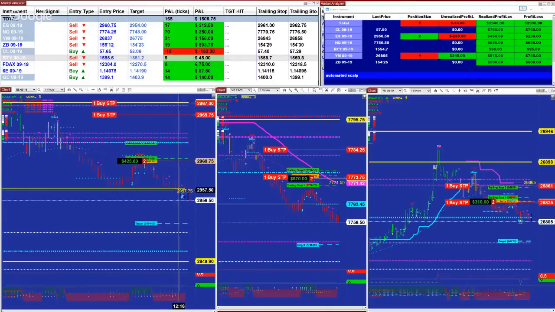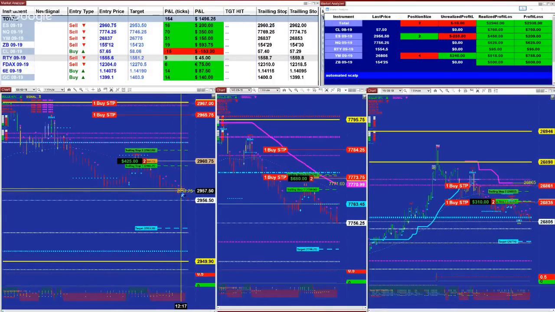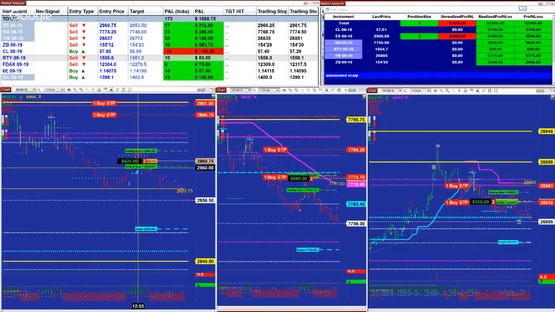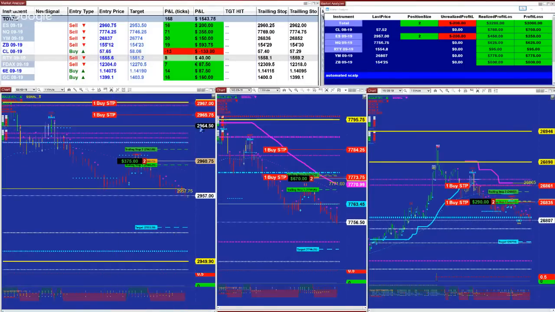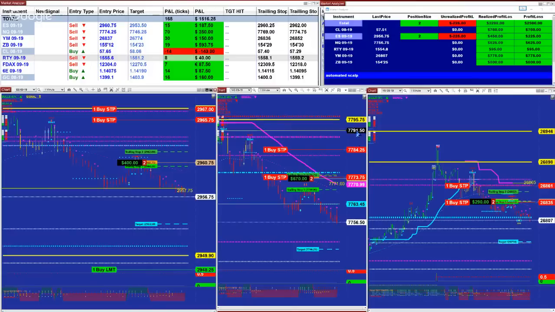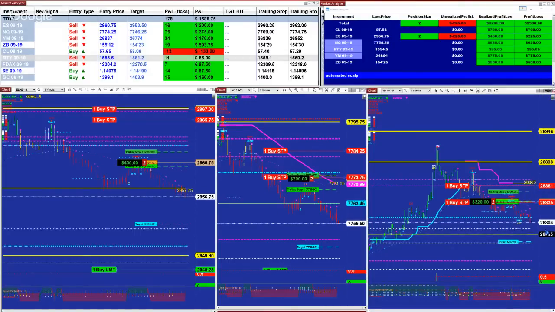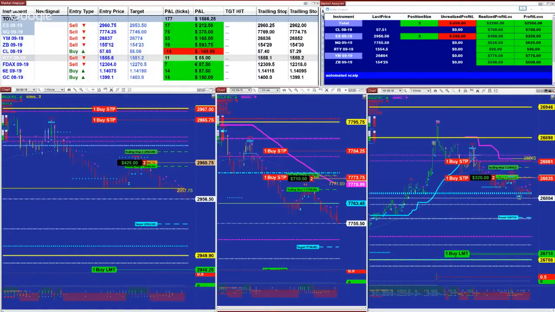Okay, guys, we broke this. Finally, we have broken the 57 level, and now we are home free all the way to the target, guys. I would like to know if anybody is still on that trade, please.